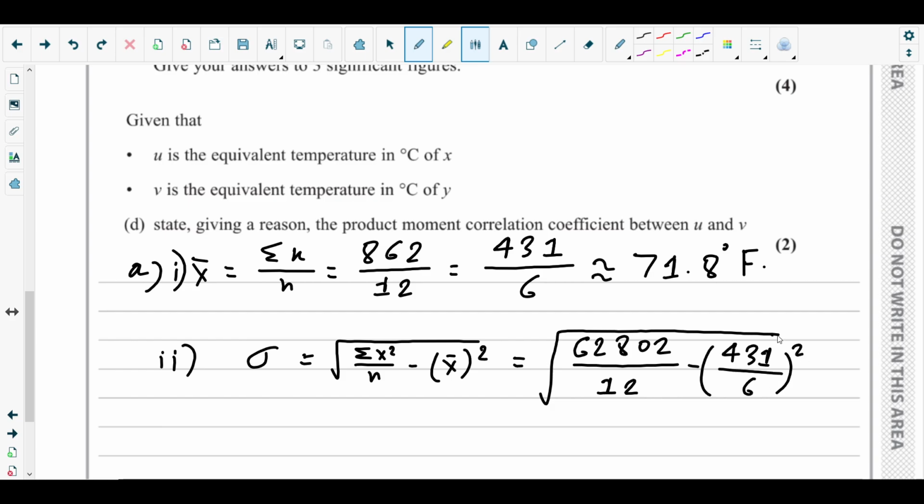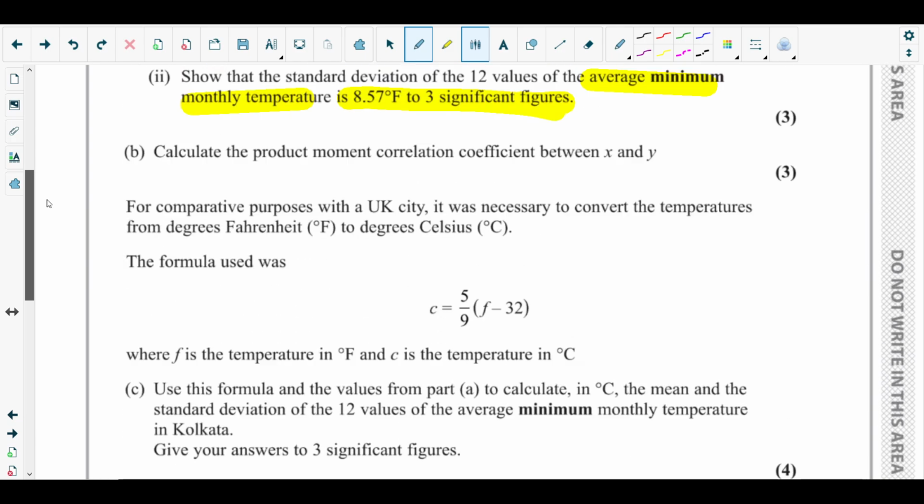Now let's find the value, and we will be done with part B. Taking 62,802 over 12 minus 431 over 6 whole squared, then the square root of the answer, we get 8.57, which is what they asked for.